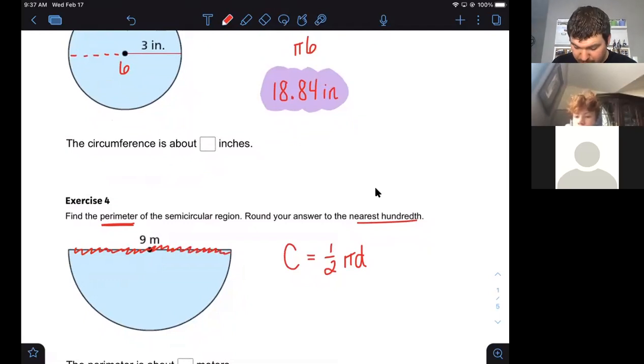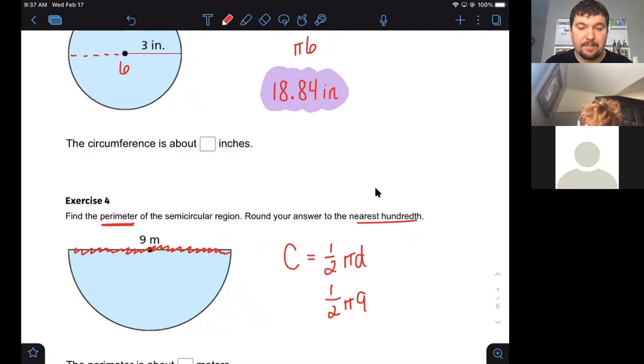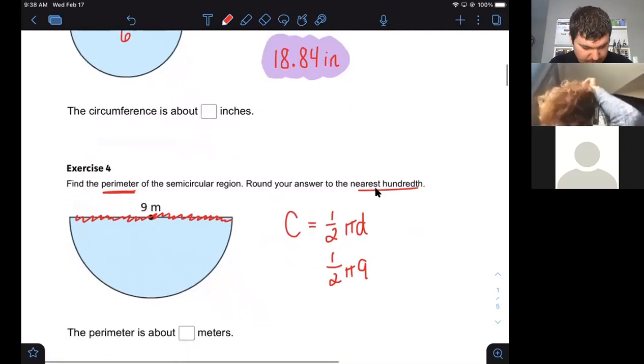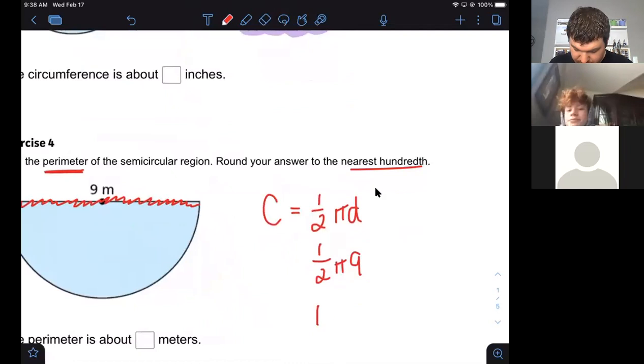So we're going to plug that in for the diameter. And so we do 9 times pi, which is 3.14. 28.26, but then because it's only a semicircle, we're going to divide that by 2. 28.26 divided by 2 is 14.13.